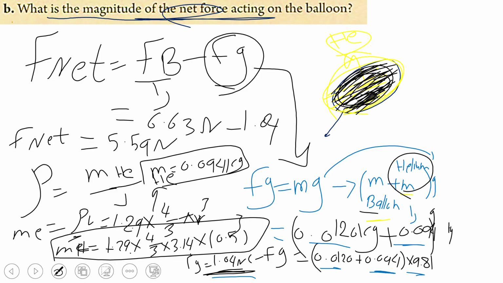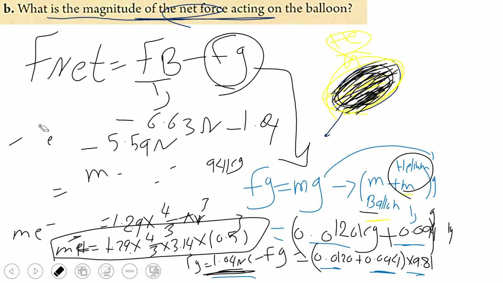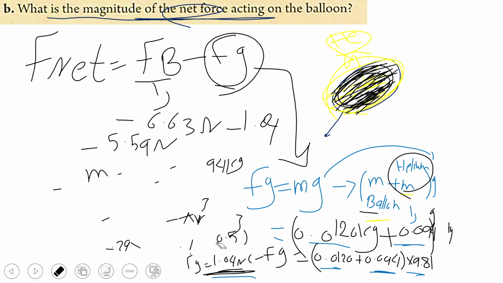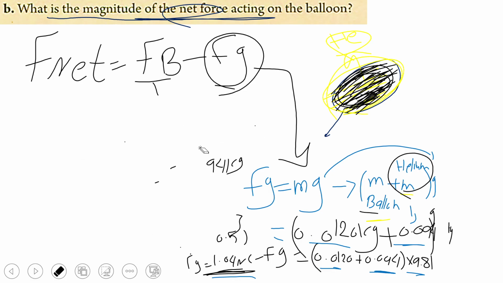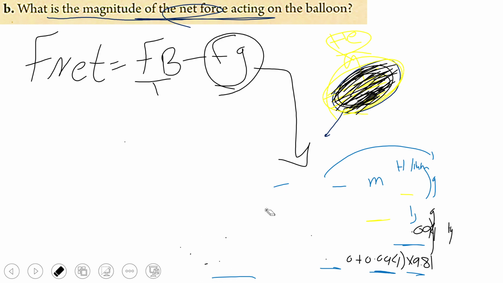How can we find the mass of the helium? According to this rule, let me write it again. Maybe it's confusing because we mixed it, I mean the handwriting. Let me decorate it for you step by step.